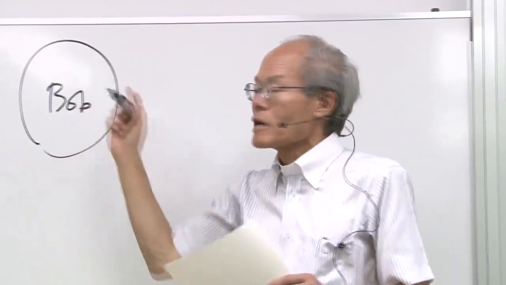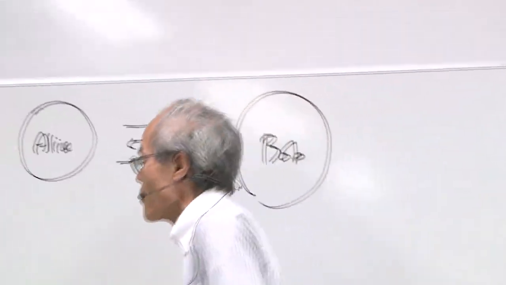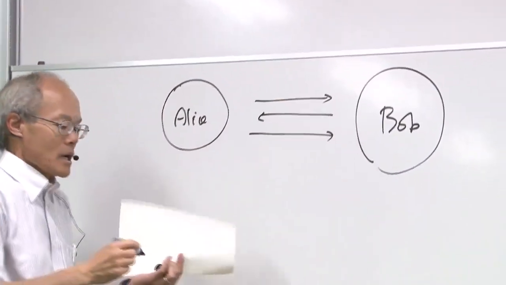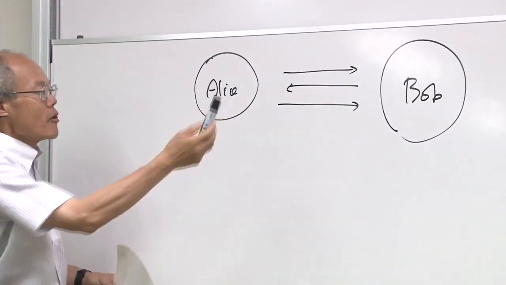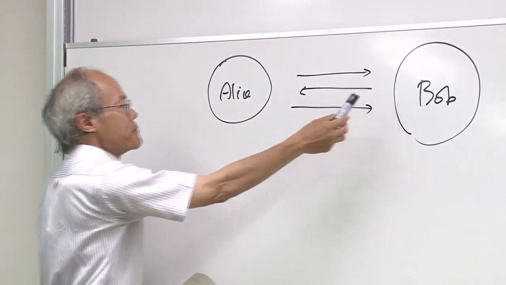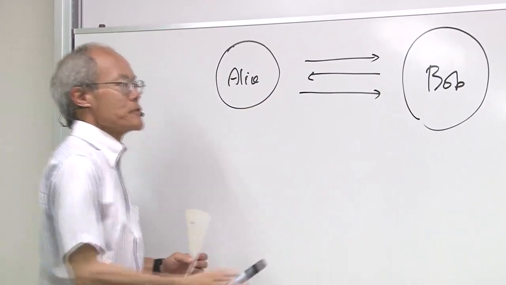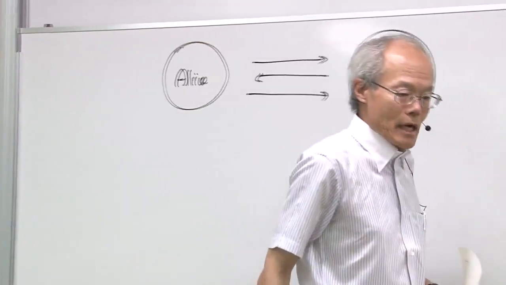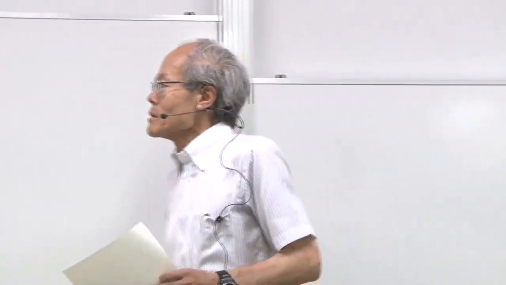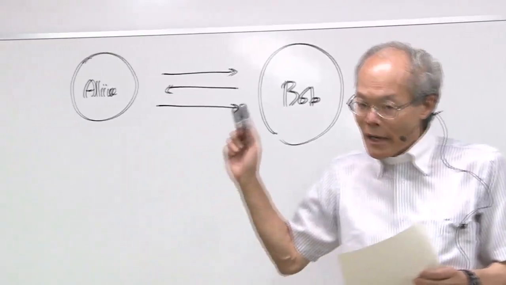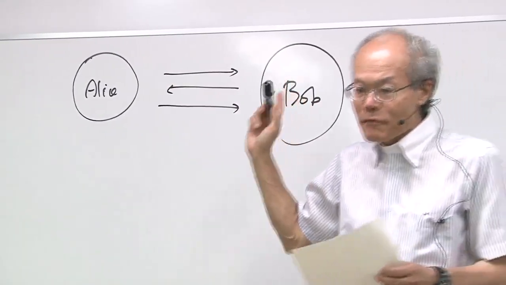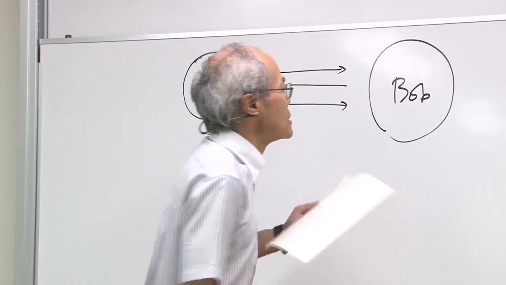Just a very simple 3-round protocol, sending an integer from Alice to Bob, and 1 bit from Bob to Alice, and the integer from Alice to Bob, and a small computation on the Bob side. This is a protocol.